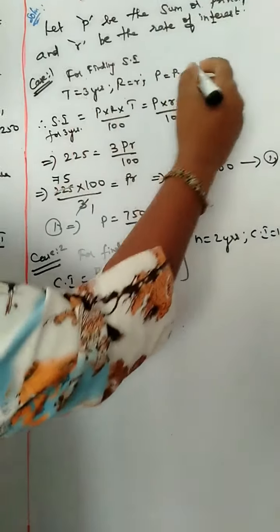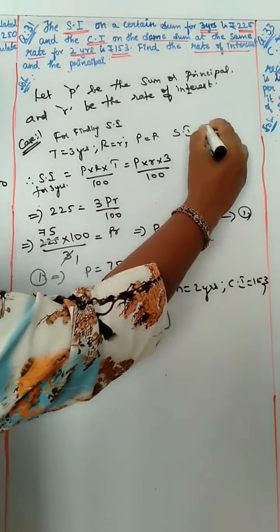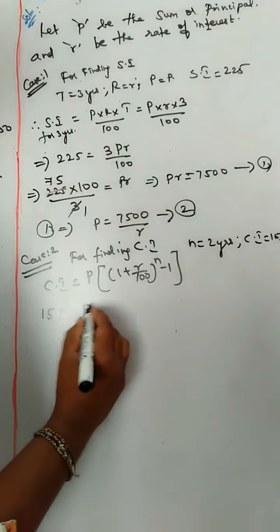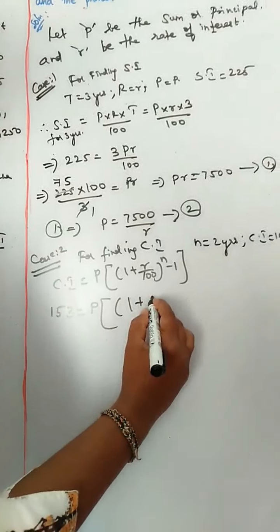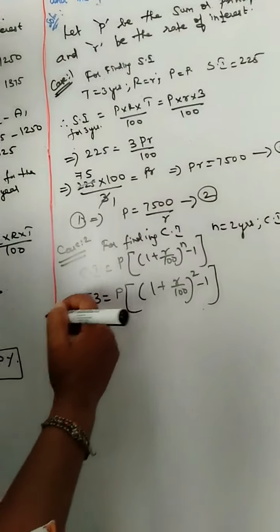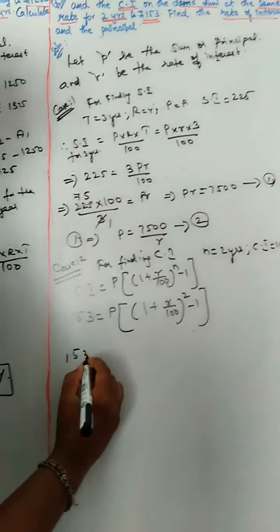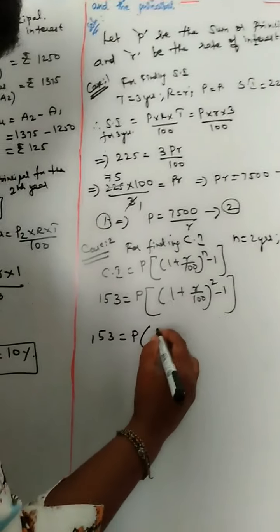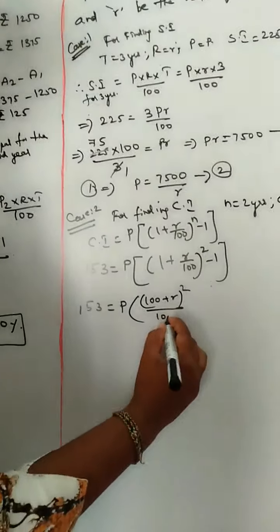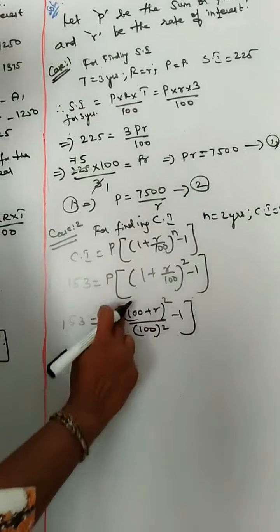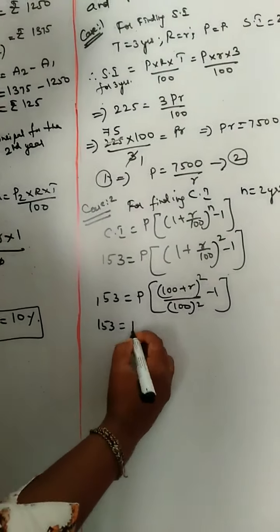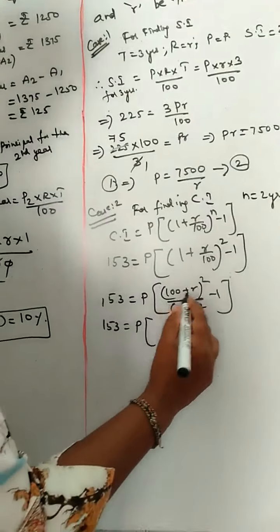So 153 equals P bracket (1 plus R by 100) the whole power 2 minus 1. We can write it as 153 equals P bracket (100 plus R) the whole square by 100 square. I am writing it separately, (A plus B) the whole square form.